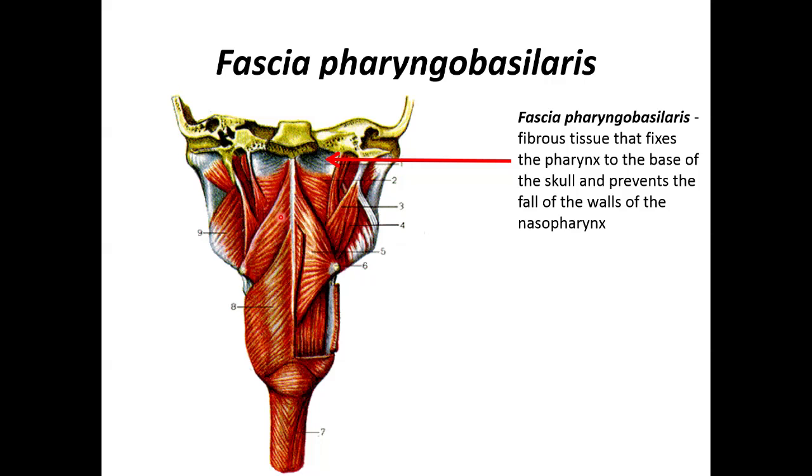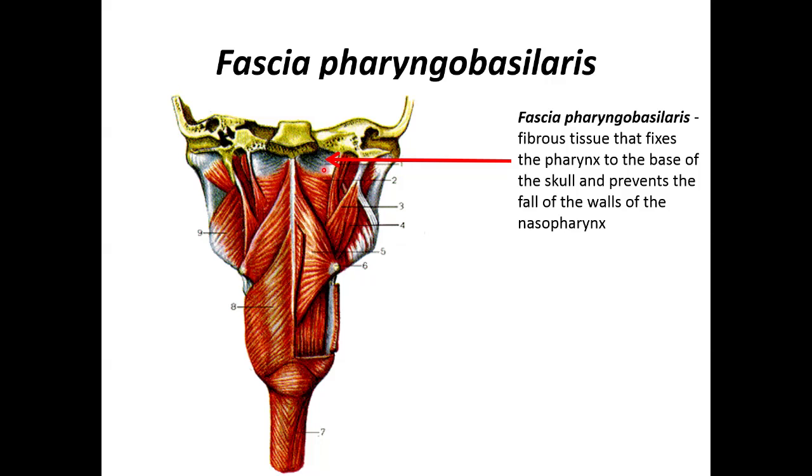And in each organ, we should ask ourselves what features we can find exactly in this organ. And main feature of pharynx, according to structure of the wall, is fascia pharyngobasilaris. Another organs, for example, esophagus, for example, stomach, they haven't such kind of fascia.